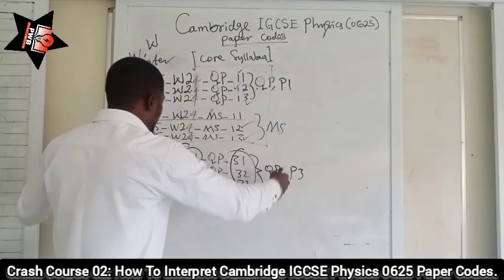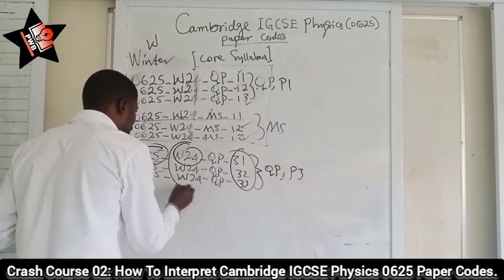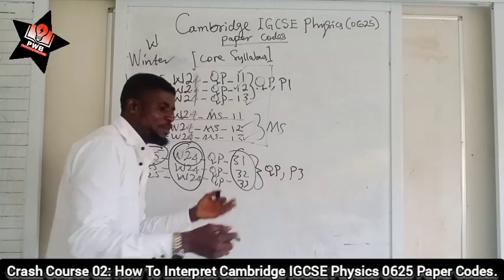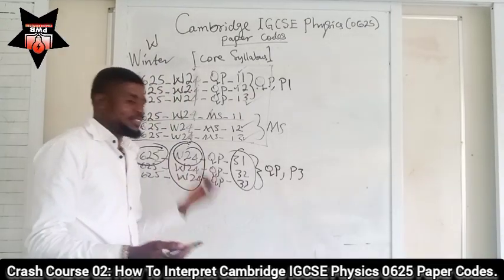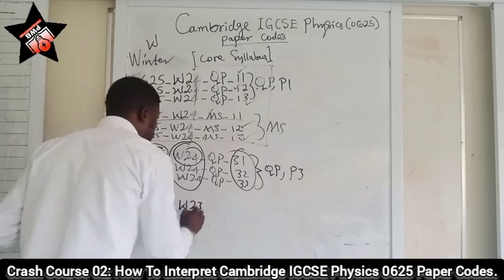So preparing for theory, you are going to choose materials having this. You won't see materials on 2024 because the exam is yet to be written. So you see materials like W23, you go for it.